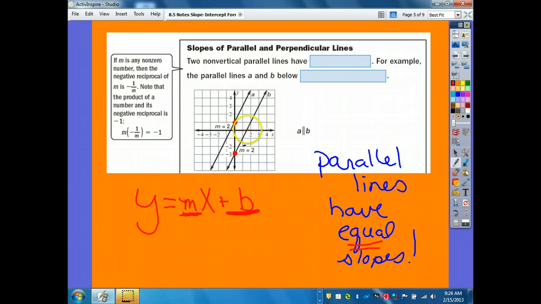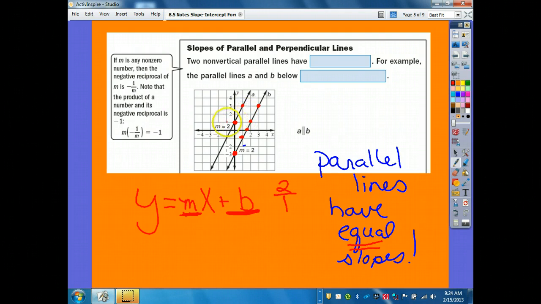Is that correct? Let's find another one. If it's 2, that's the same as 2 over 1. So start here, I'd go right 1 and up 2. Okay, so that one does work. That does have a slope of 2. Start at the y-intercept here. Does this one have a slope of 2? Right 1, up 2.